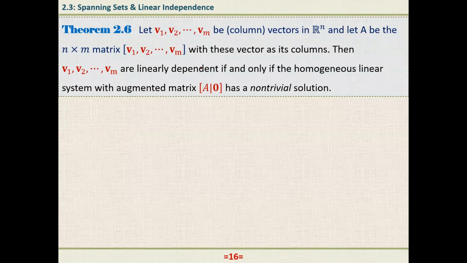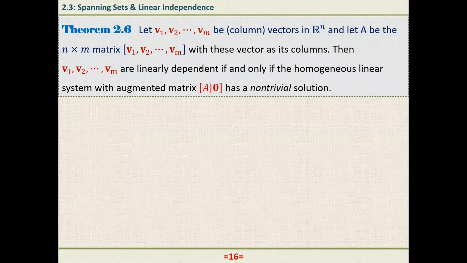Okay. So this theorem says that let v1, v2, and vm be given m vectors from n-dimensional space, and these are column vectors. And let A be the n by m matrix whose columns are these vectors, v1, v2, and vm. Then v1, v2, up to vm are linearly dependent if and only if the homogeneous linear system with augmented matrix has a non-trivial solution, right?